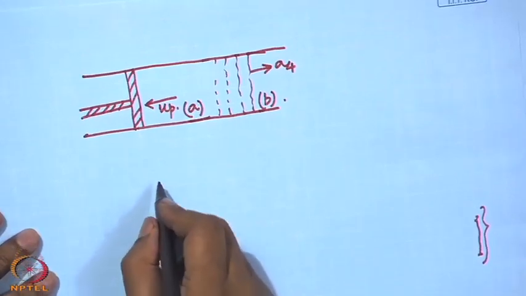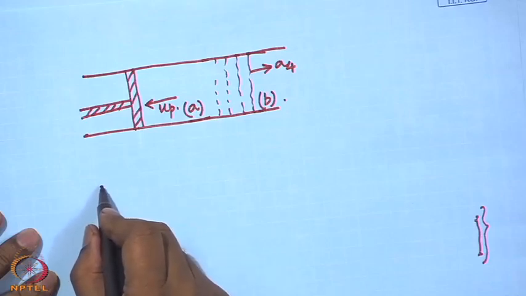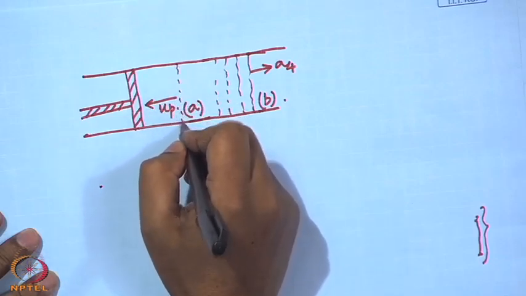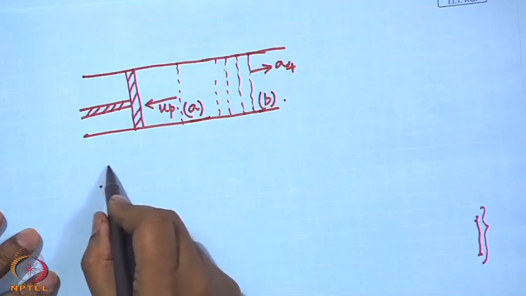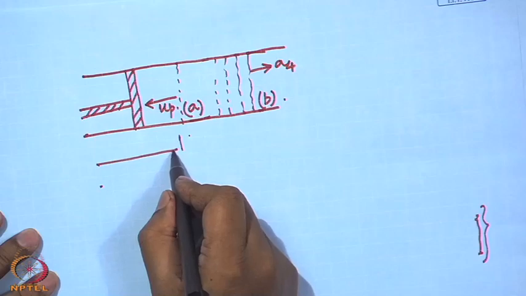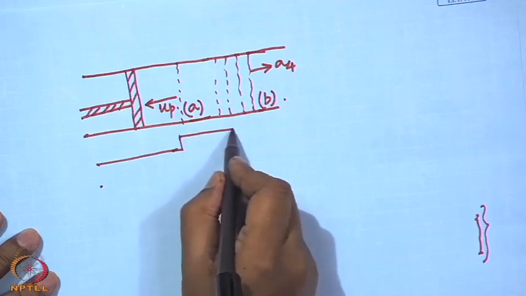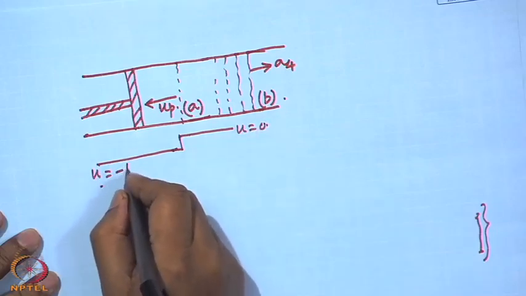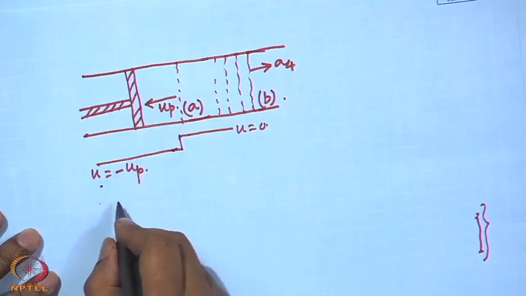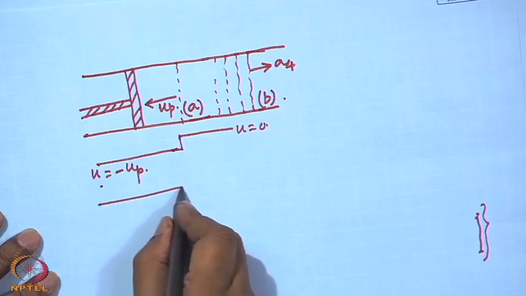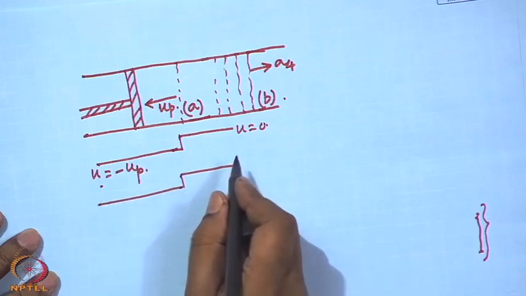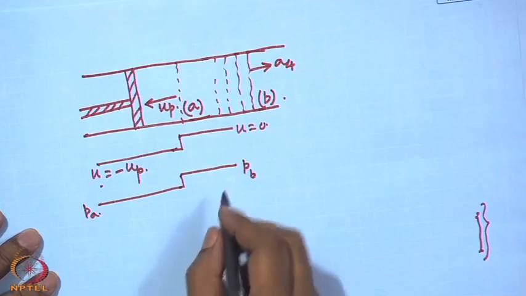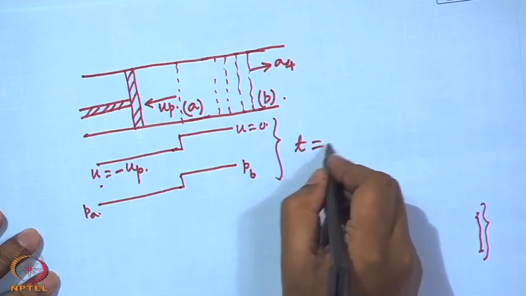The velocity distribution, let us say that this is the original one at t equal to 0.